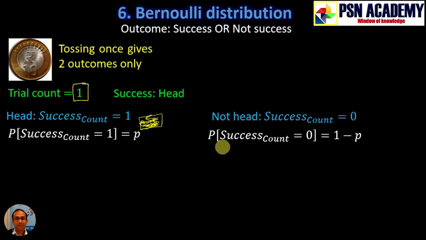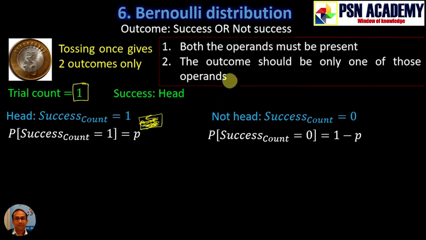Now, we have to club these equations together in a single equation so that from that single equation, both p and 1 minus p will be the outcomes in specific cases, right? So, how to do that? First, both the operands must be present in that single equation.